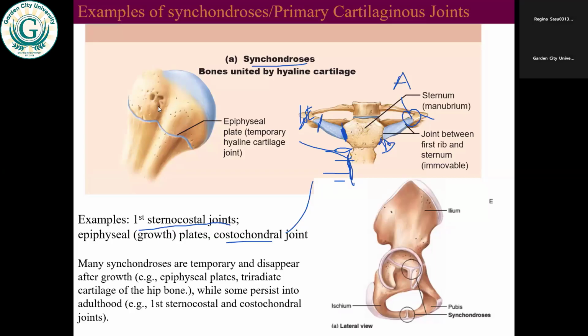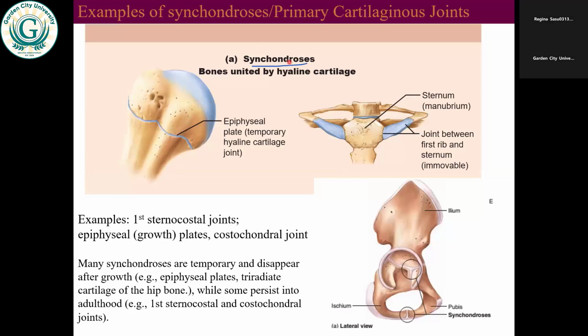So that is all that I just want you to note. As I said, we are not doing all the joints of the body. And we are looking at a joint where the bones are united by what? A costal what? Cartilage. And we are saying that if it is hyaline, then it's a primary cartilaginous joint or synchondrosis.